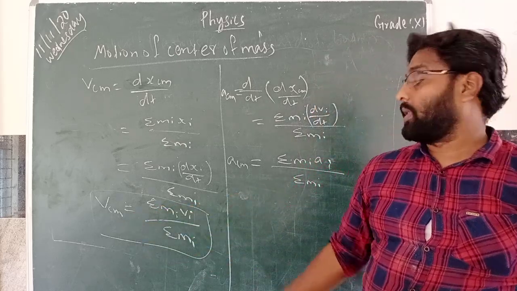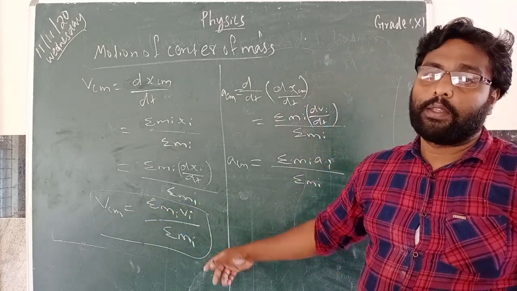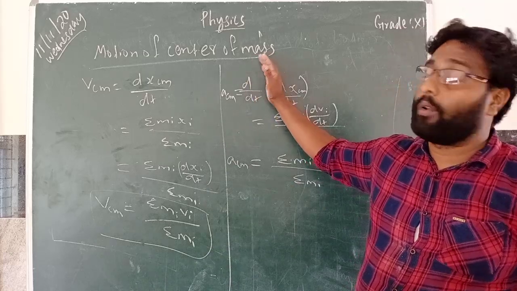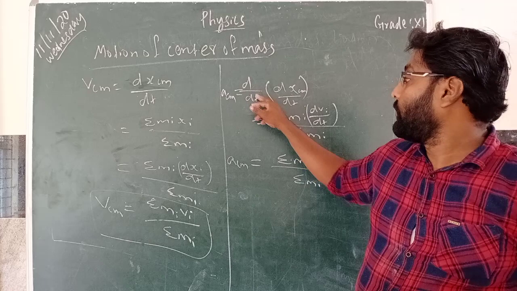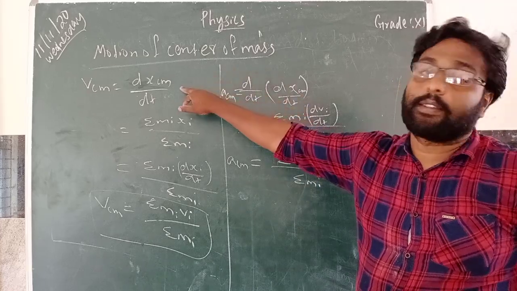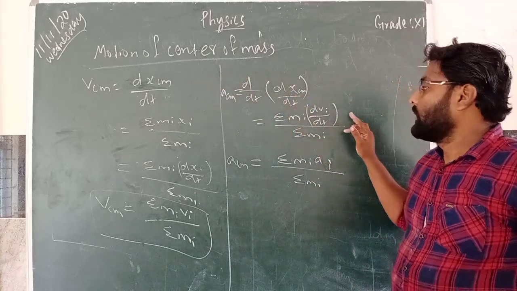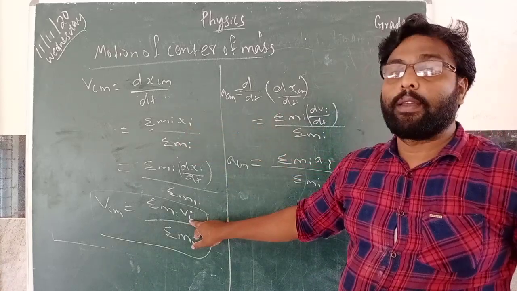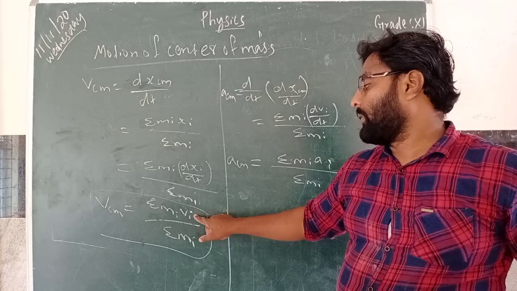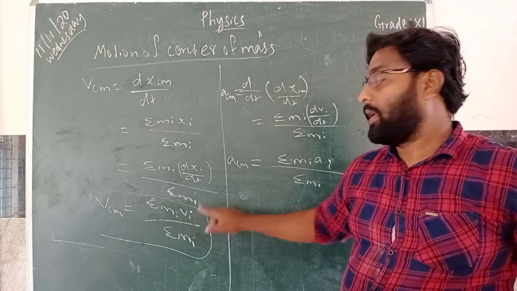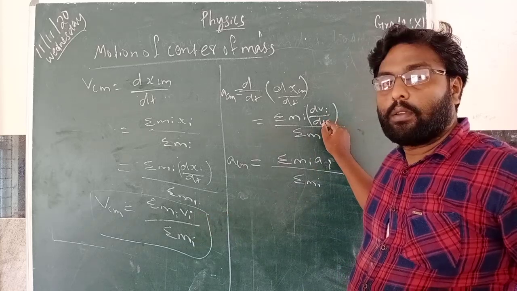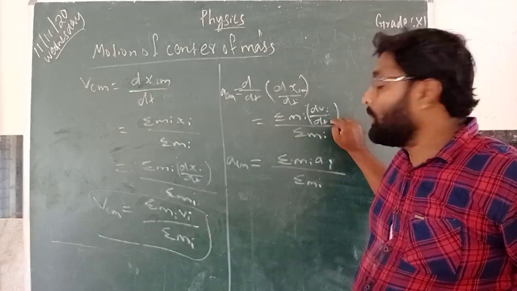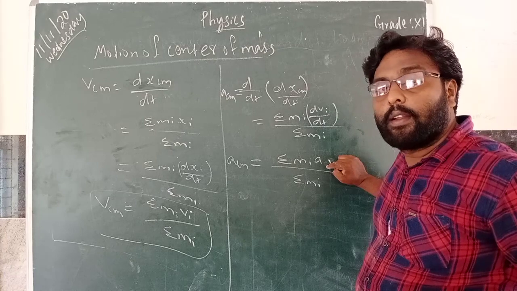So the center of mass velocity you can find by using this. Now the kinematic second derivative form, acceleration, is d by dt of this velocity. You differentiate this vi a second time, so dvi by dt, and dv by dt means acceleration.